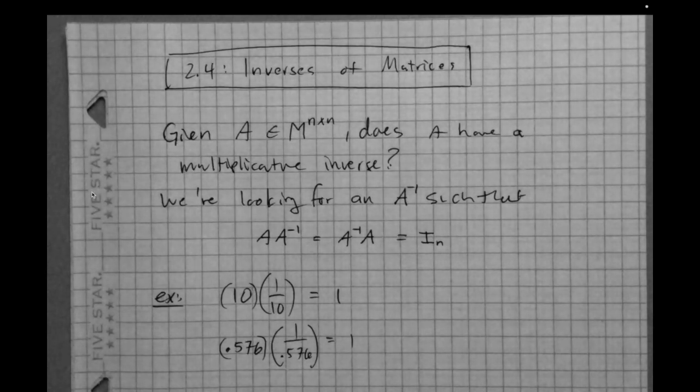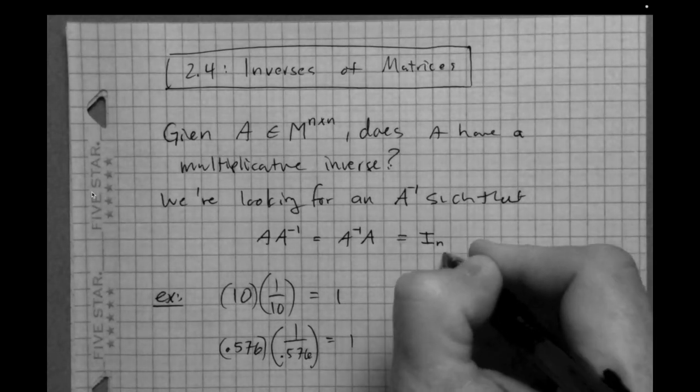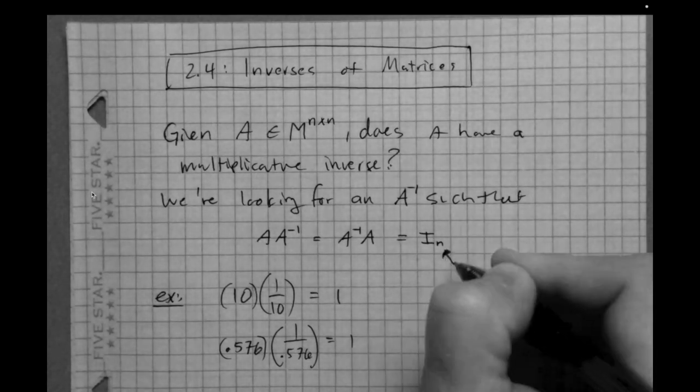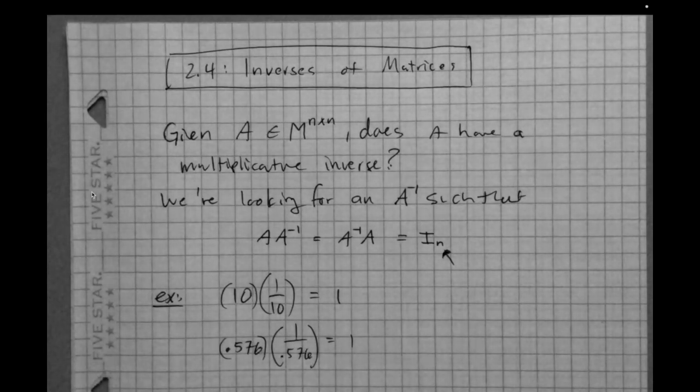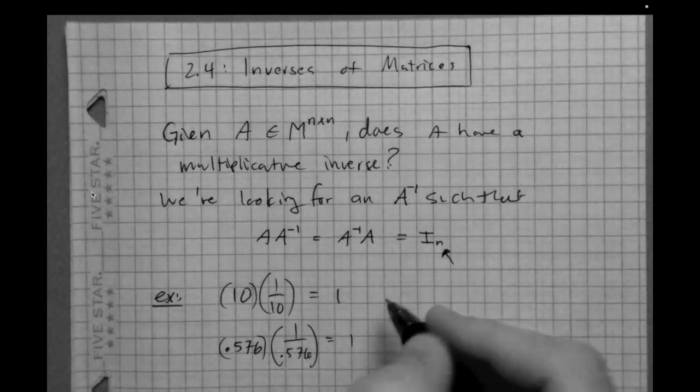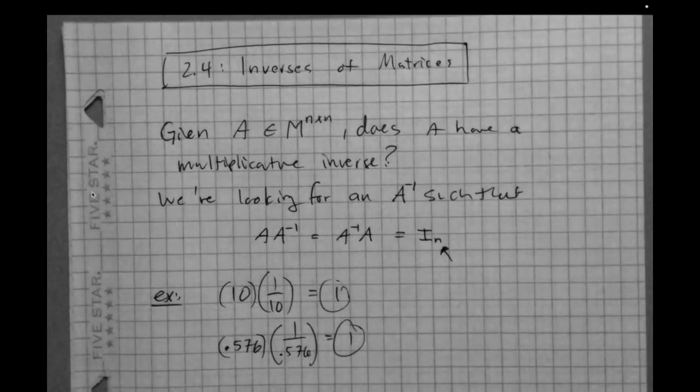This is very similar to this concept. Maybe it even is identical to this concept. We have to think that through. But basically, we're looking for a matrix such that the product of the matrix with its inverse is equal to the identity matrix. In linear algebra, we tend to think of these identity matrices as fitting the role of the unit, sort of like the 1 in the real number system.